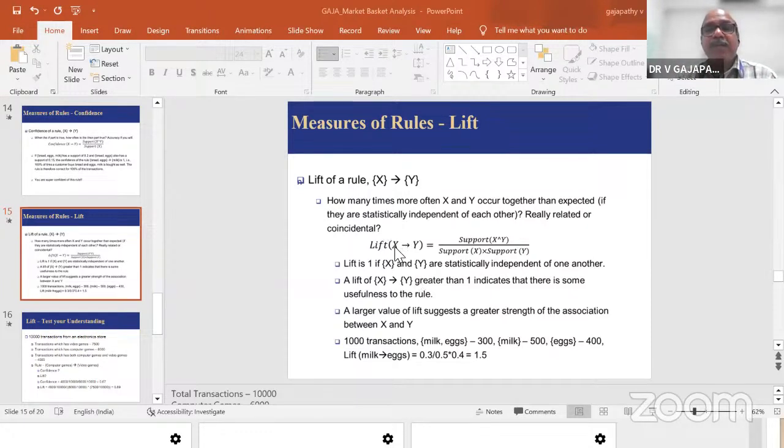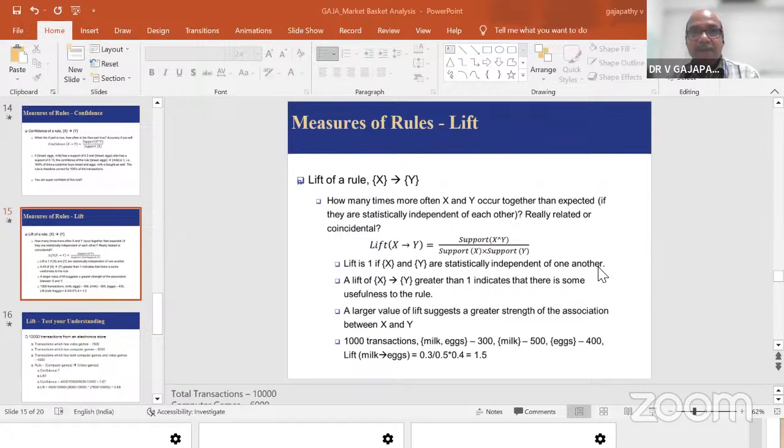You see, lift X implies Y is support of X and Y divided by support of X and support of Y. Lift is 1 if X and Y are statistically independent of one another. A lift of X implies Y greater than 1 indicates there is some usefulness to the rule. What is the rule? We are finding that if you buy bread, you will buy egg.